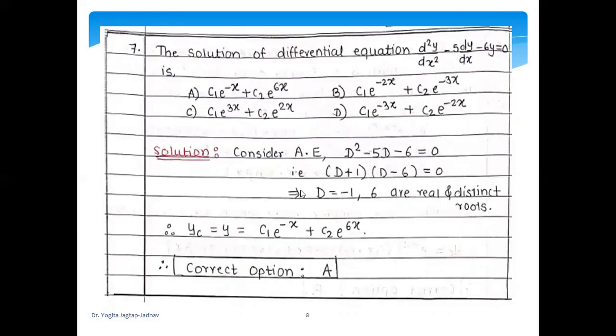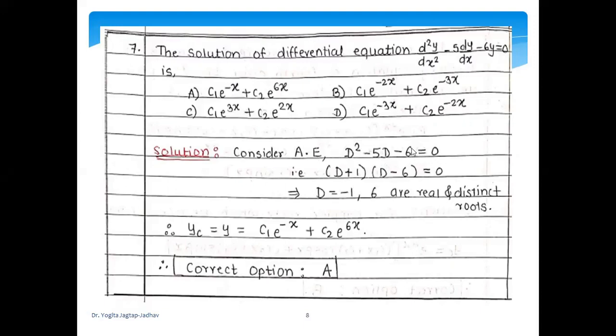The solution of the differential equation d square y upon dx square minus 5 dy by dx minus 6y equal to 0. Again, assigning d by dx equal to capital D and writing the auxiliary equation for the given linear differential equation, we have d square minus 5d minus 6 equal to 0.